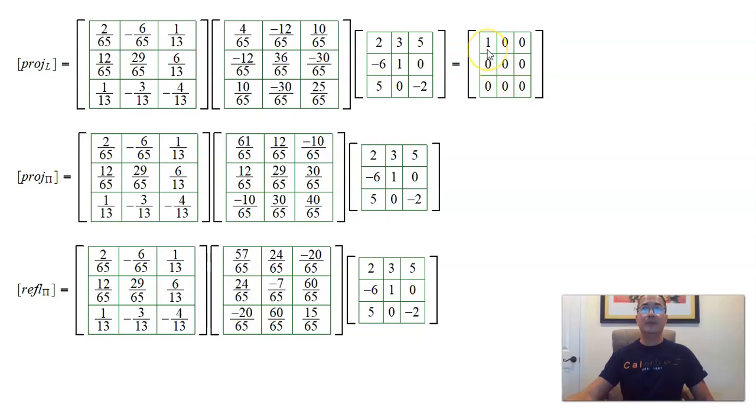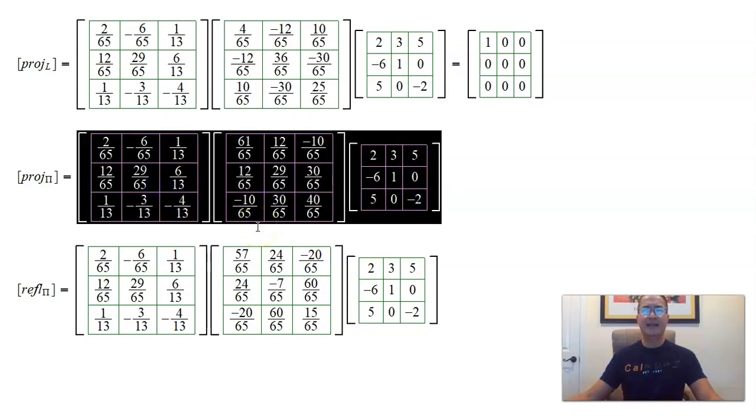Boom. So we have eigenvalues of 1 and 0. If your vector is on the plane and you project onto L, you get the 0 vector, so these two columns turn into zeros. What about projection on pi?